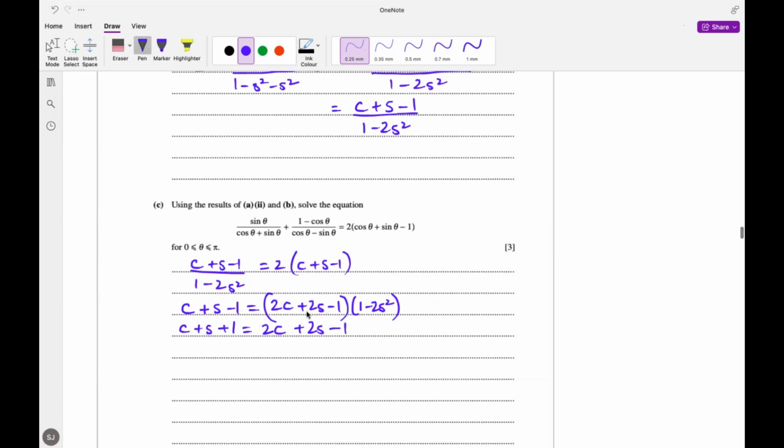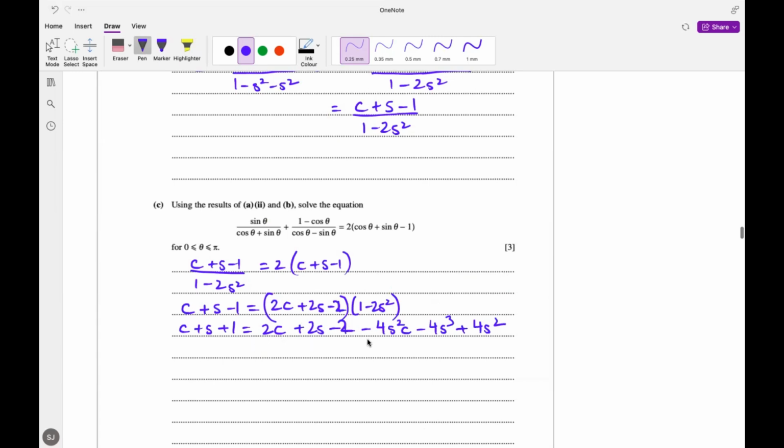And 2 cos + 2 sin, so this would have been a minus 2. So this will become a minus 2. Then multiplying 2 cos by minus 2 sin squared, this will become a minus 4 sin² cos. 2 sin times minus 2 sin squared will become minus 4 sin³. And minus 2 into minus 2 sin squared will become a plus 4 sin².